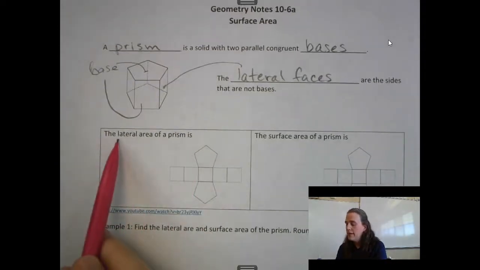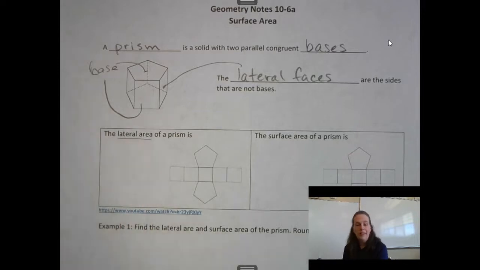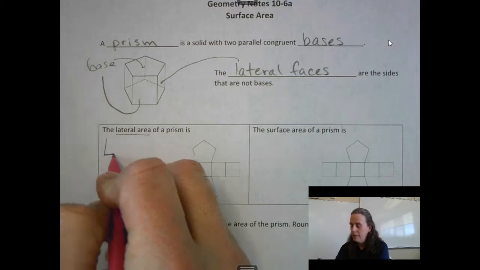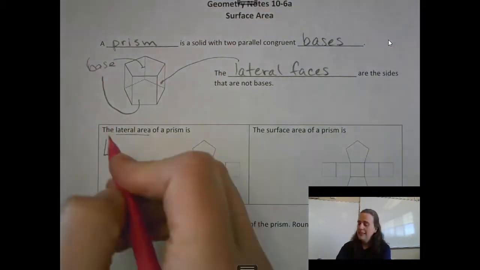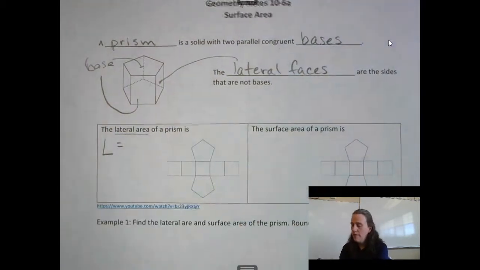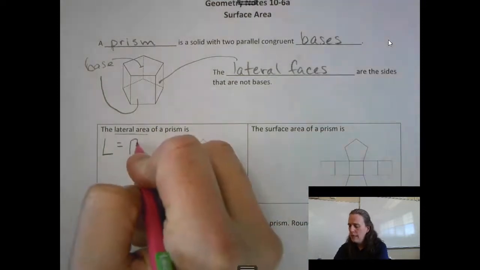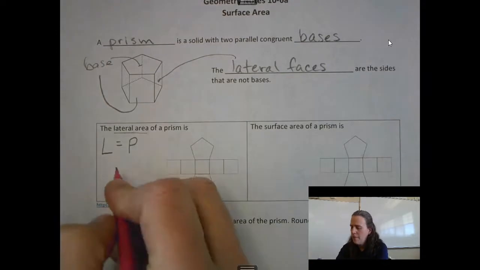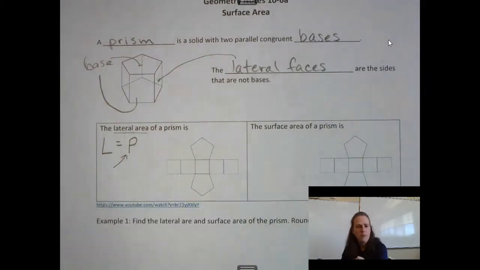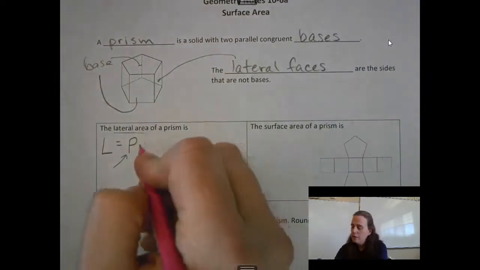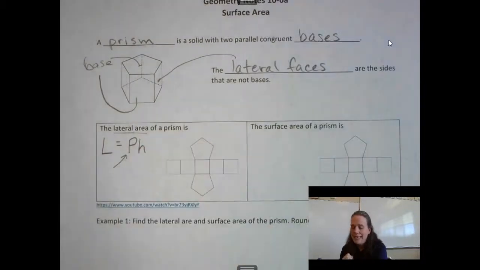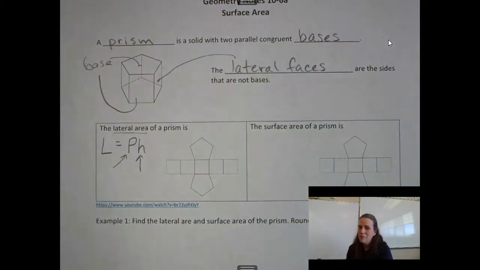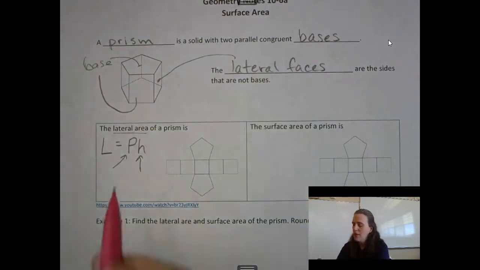Here's the formula to find the lateral area of the prism. And they use a capital L for that. The lateral area is equal to a capital P, which might ring a bell from ones that we've been doing, multiplied by a lowercase h, both of which you might remember from the last few sections that we've done.